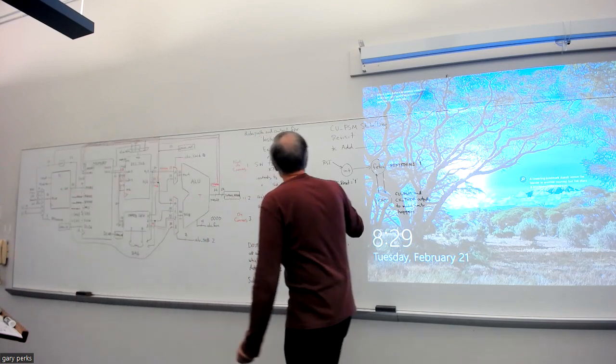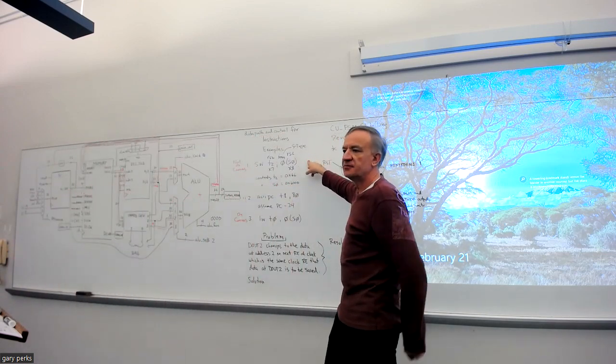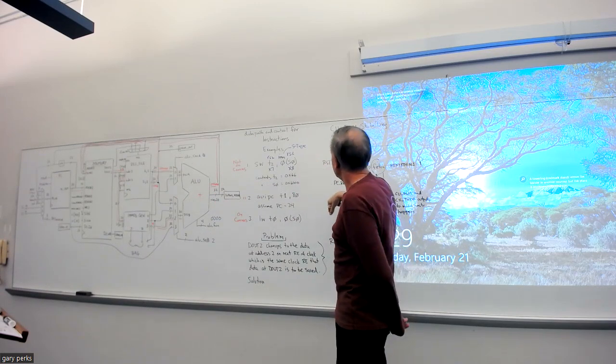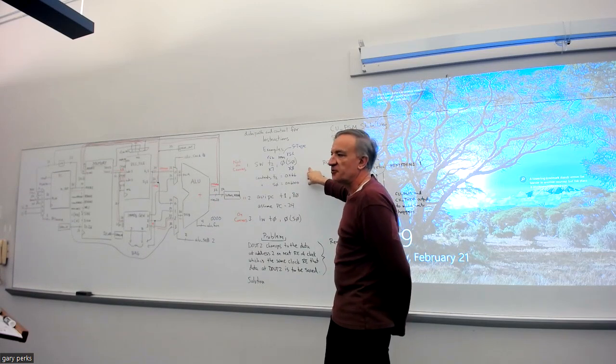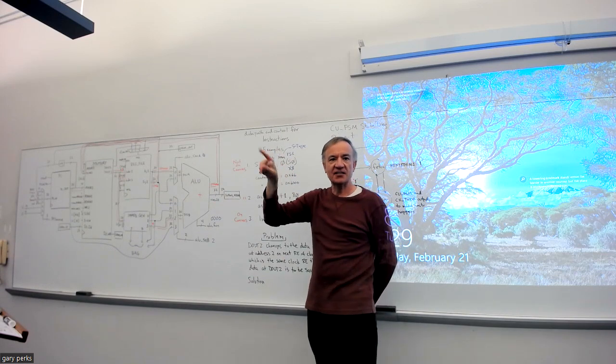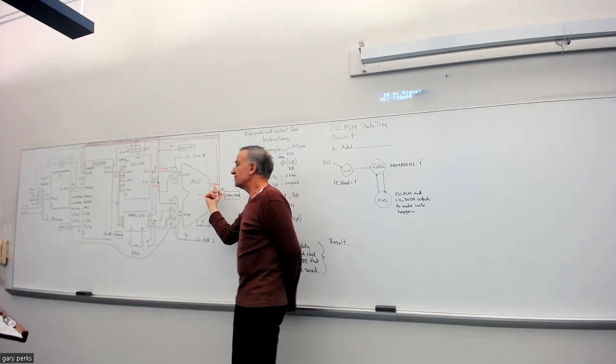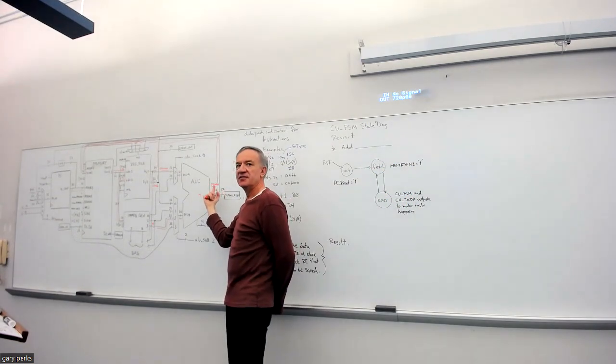If this was an address to an output device for storing, say the 7-segment display that has address 11,00040, well, then that's what this address would be.